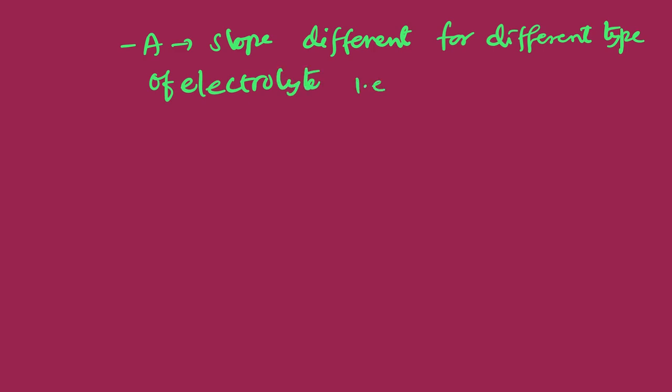That is, for 1:1 type electrolytes, all have the same A value.